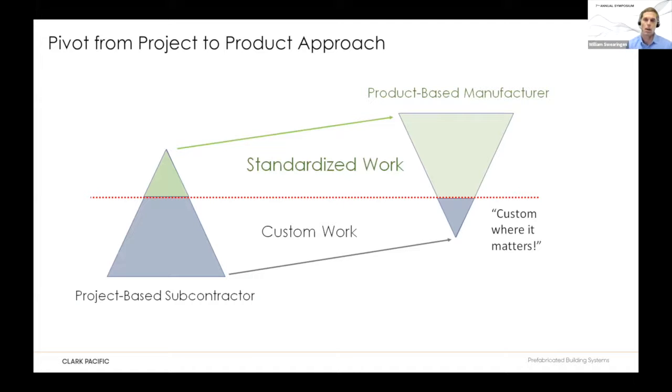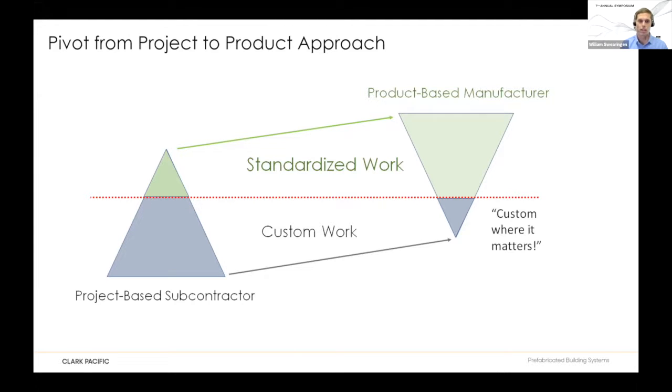Our big pivot over the last decade or so was about moving from a project approach to a product approach. Part of that is standardized work and understanding the hierarchy of resources and how we integrate our teams. But within the construction industry, it's extremely important to understand the custom-where-it-matters part of our delivery model.